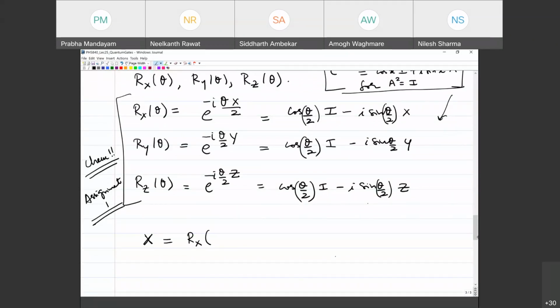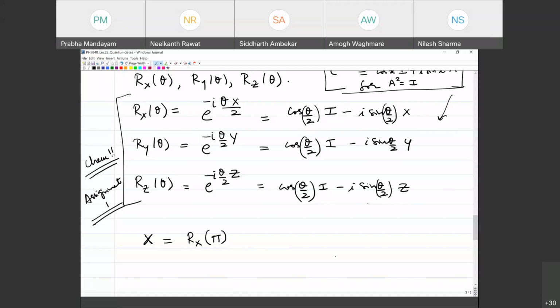Pi. Yes, but with a phase. Indeed there is a phase, but that phase does not matter. That's just an overall minus i, which doesn't matter.